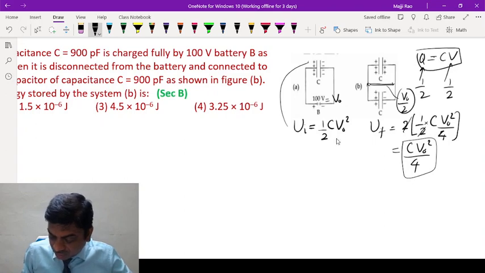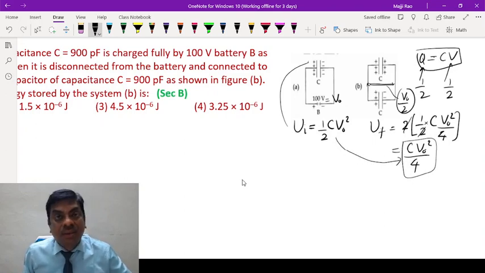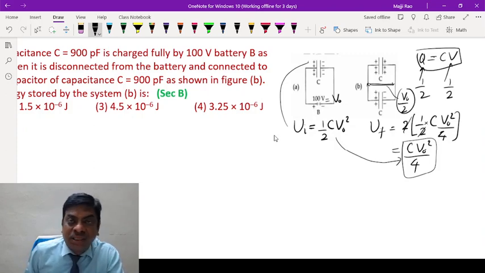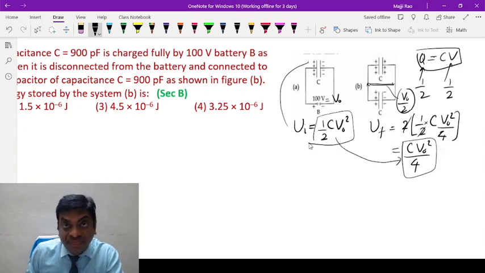That means half the energy remains and the rest half is lost in the form of heat energy mostly, but partially it could be in the form of light energy as well as sound energy. So out of the initial energy of the capacitor, only half remains stored. So if we can find the initial potential energy, just divide by 2 and get the answer.